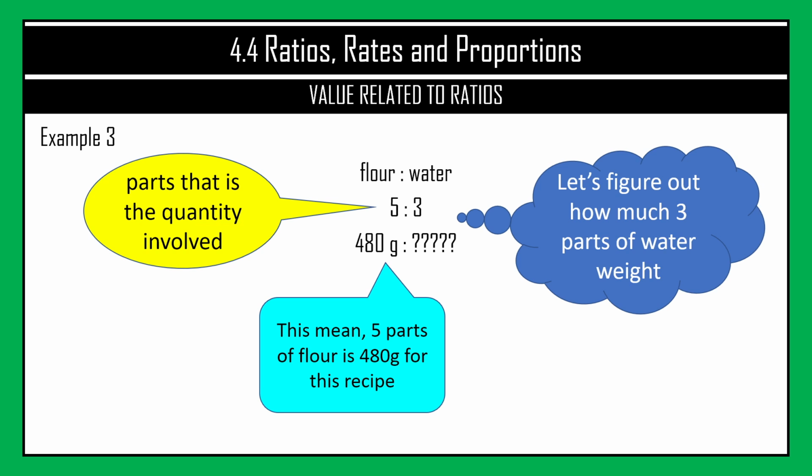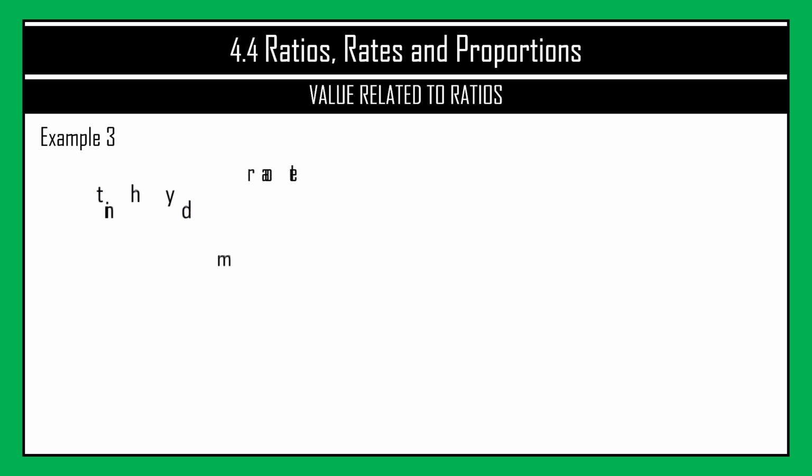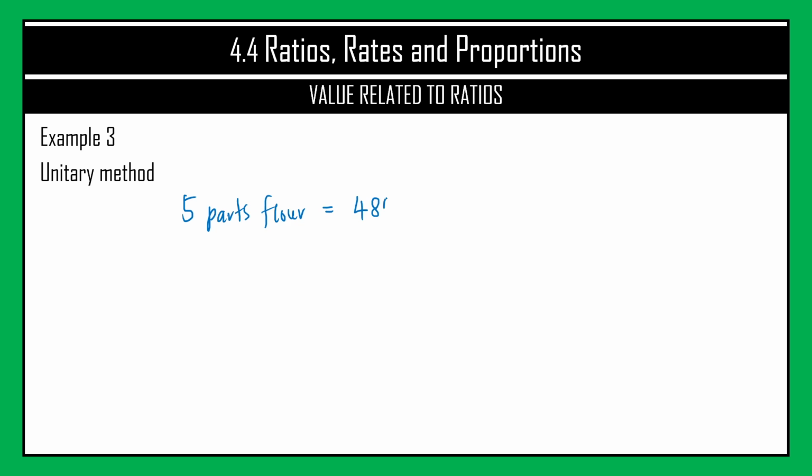So I'm going to show you two methods. The first method is the unitary method. So unitary method, now I'm going to scribble down. From the question just now, I know that 5 parts of flour is 480 gram. Now how much will 1 part of flour be?